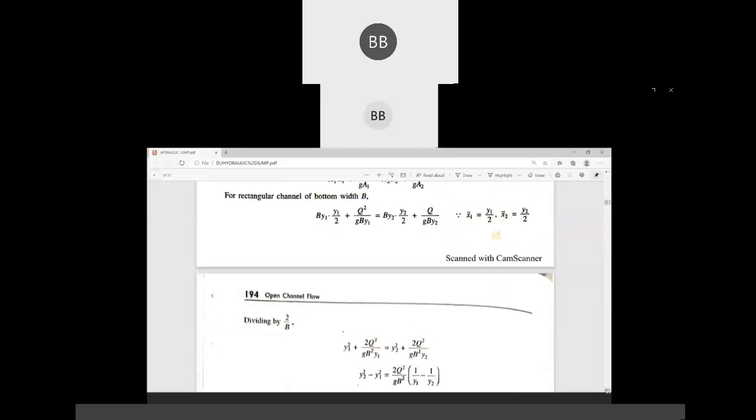Then you move on to the next. We are multiplying the whole equation by 2 by b.